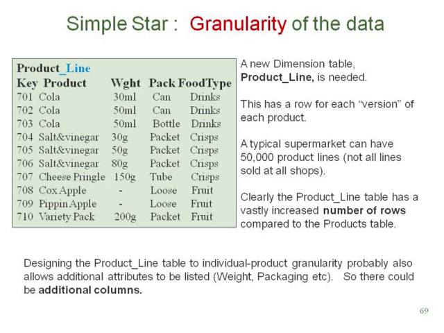Now, a typical supermarket could easily have something like 50,000 different product lines, although not every product line will be sold at every shop. Clearly, the product line table is going to have a vastly bigger number of rows compared to the product table. But compared to the facts table, this product line table is still going to be relatively short.